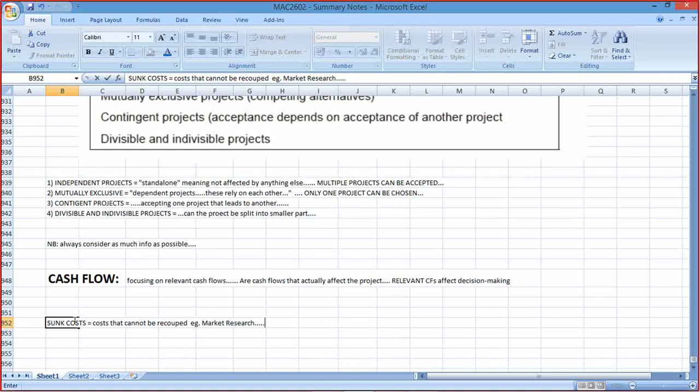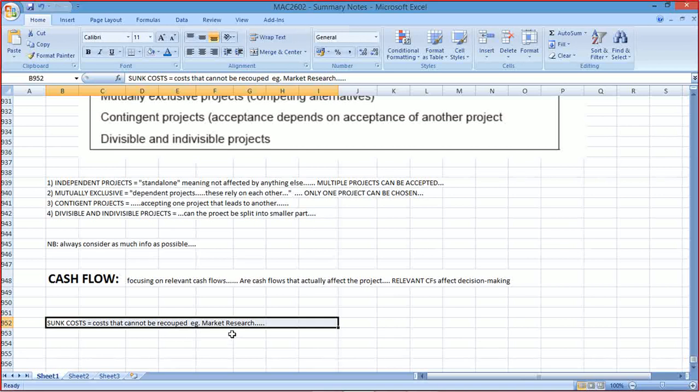If I'm researching whether or not VR is popular, VR is still very new, but it might be a growing industry. So if I do market research on how many people are actually going to want us to create VR videos, and the numbers are very low, so I do not go with the project, can I recover those costs? No, sir. Those costs were incurred.